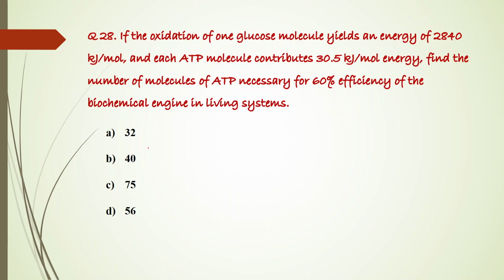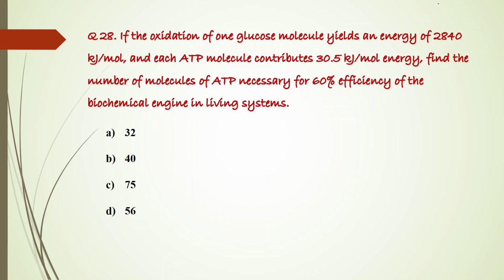Now they are saying find the number of molecules of ATP necessary for 60% efficiency of the biochemical engine in living systems. So what is our biochemical engine? How are we getting this energy? Basically you are breaking down glucose for the functioning of our biochemical engine.